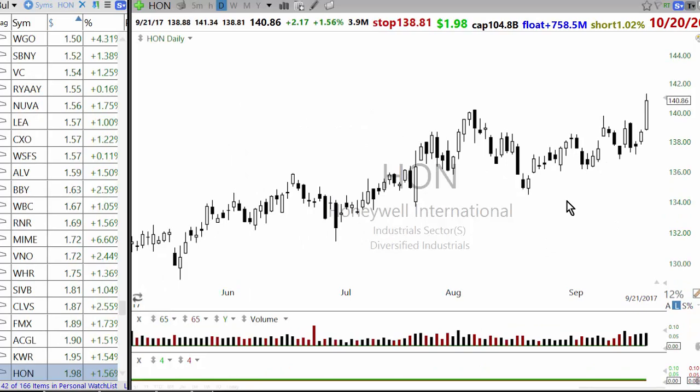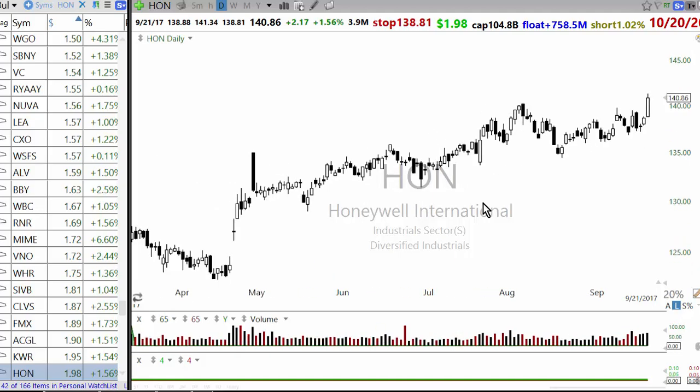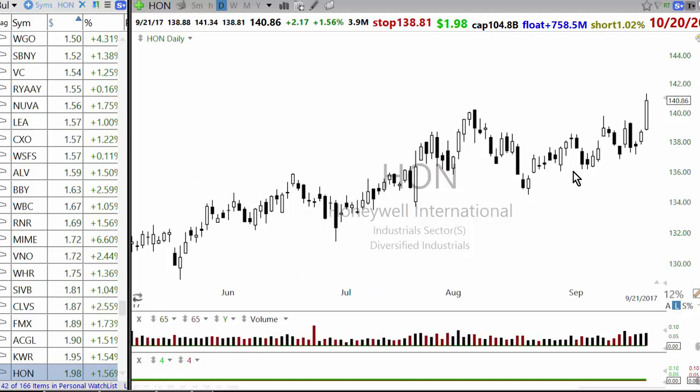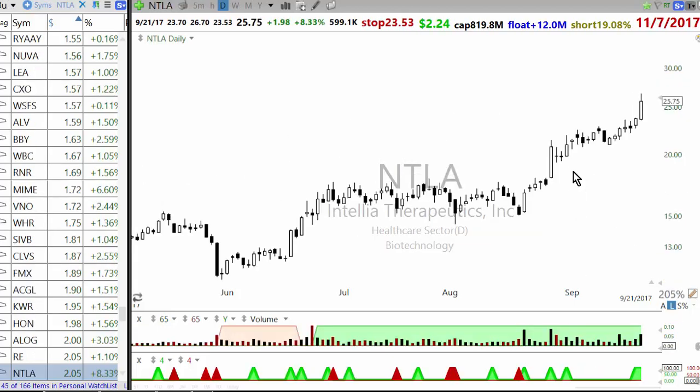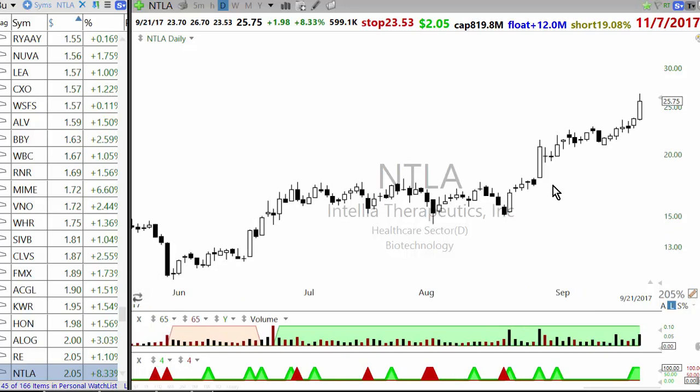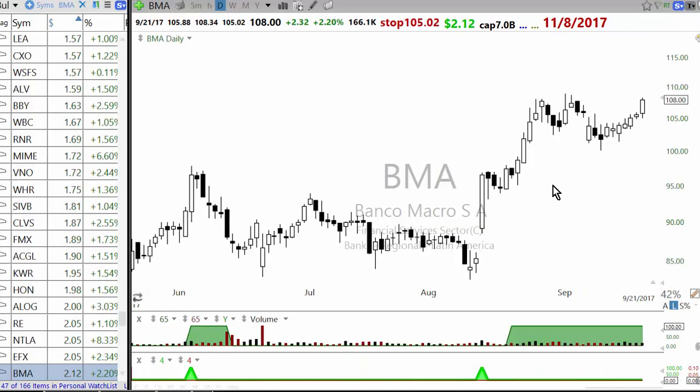Honeywell International, this is a very wide base which is forming, so that's what I don't like. I like very compact setups which are very linear. I'll show you an ideal example of a good setup once we go through this list. We hardly have another 10 or 15 stocks to go through.